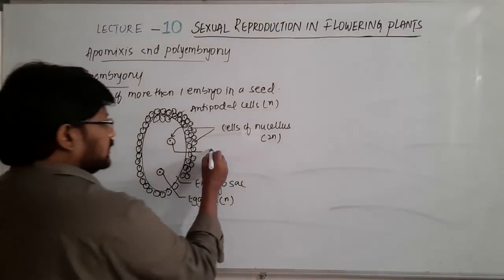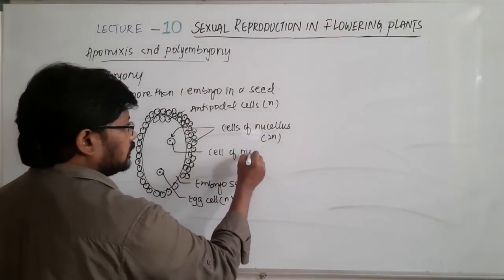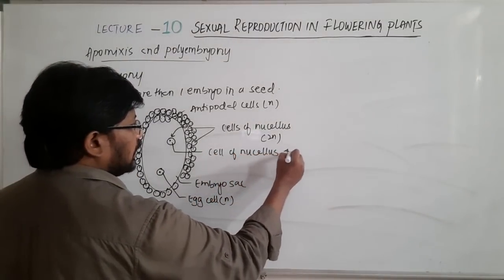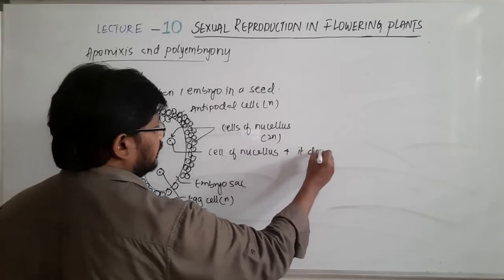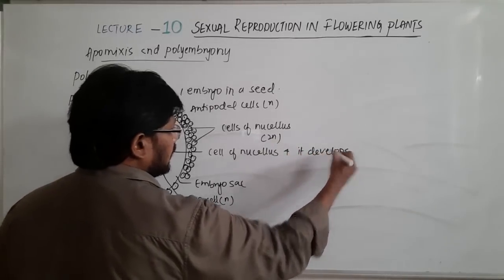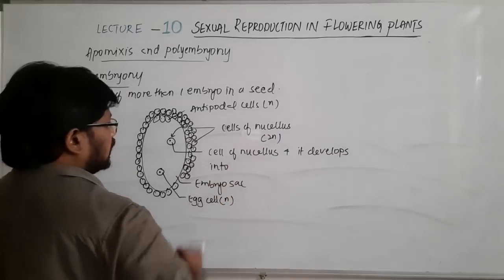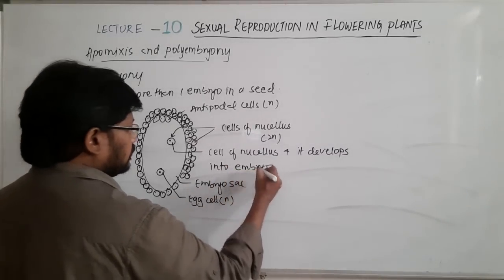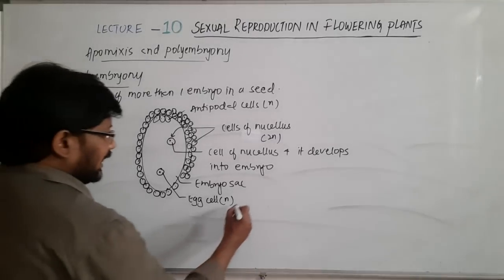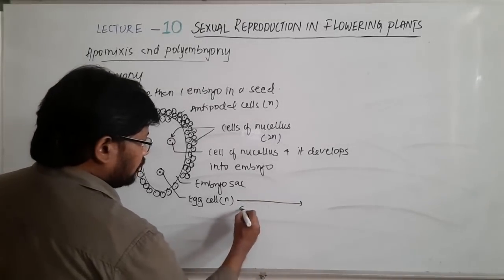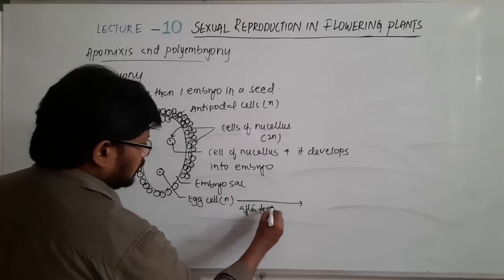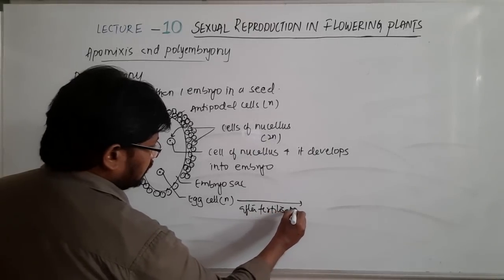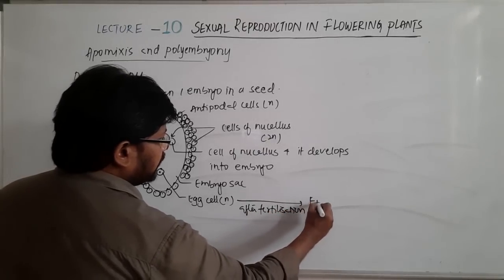So this is the cell of the nucellus, and it develops into an embryo. Of course the egg cell after fertilization will also develop into an embryo.